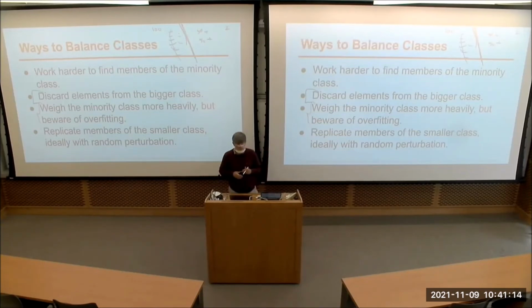The weight of the classes is balanced. The bad thing is that if the two positive examples are not representative of the full positive class, they are going to be weird, and the model is going to try very hard to fit these two weird examples. So there's a danger of overfitting.